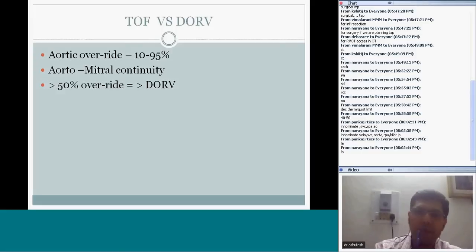Yes, if there is a clear-cut aortomitral discontinuity, it's definitely DORV, but if it is more than 50% override, we in our institution follow double outlet right ventricle. And tetralogy and DORV are not mutually exclusive. If it follows tetralogy, it could be double outlet right ventricle with CS. So you can use it, but use it carefully. Not that it is 200% override, 100% from the right ventricle, and you still call it tetralogy.